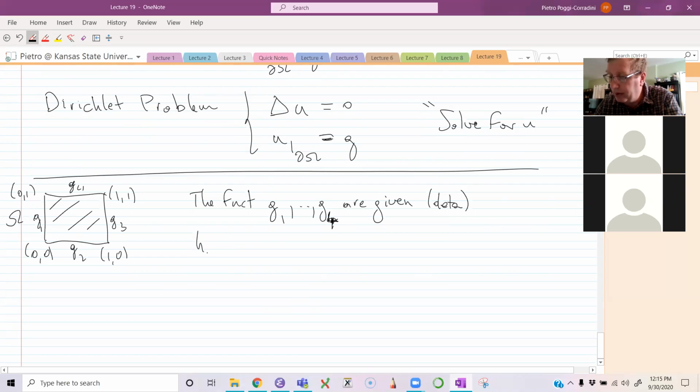So for instance, in the horizontal direction, you have some nodes, say nx plus 1, and in the vertical direction, some mesh nodes ny plus 1.